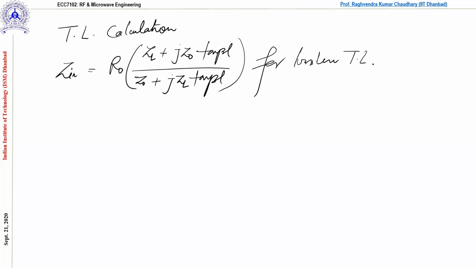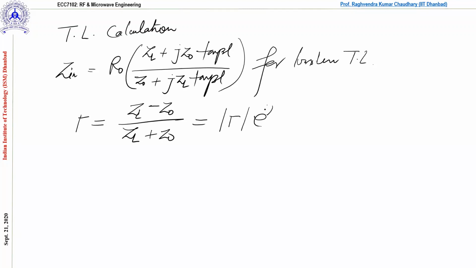Another formula we have seen is the reflection coefficient: gamma is equal to (ZL minus Z naught) over (ZL plus Z naught). We can also write it in this form, mod of gamma times e to the power j theta, because this is a complex number, right? And we have also seen one very important formula to calculate the load impedance, if we have the information of the reflection coefficient and the phase.